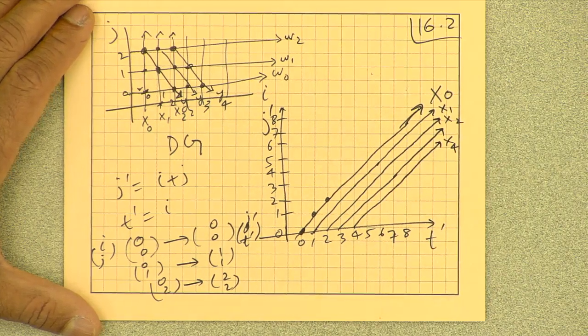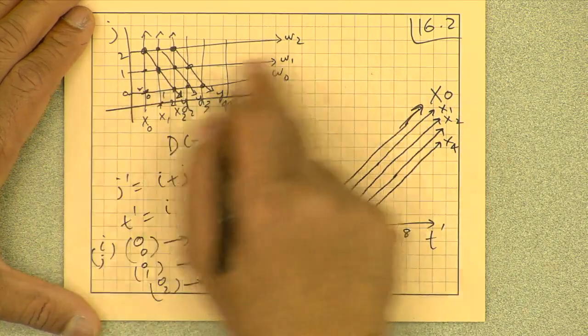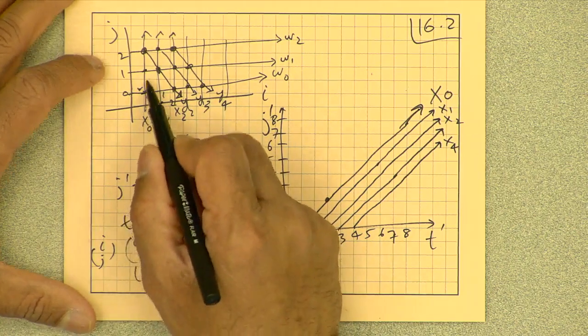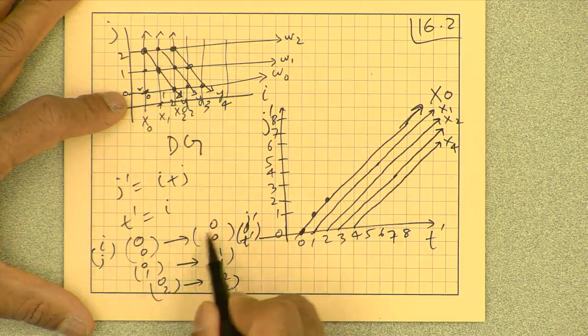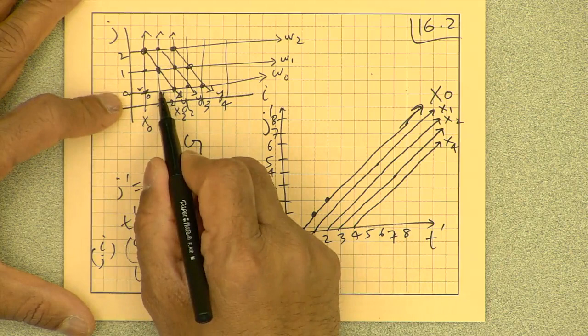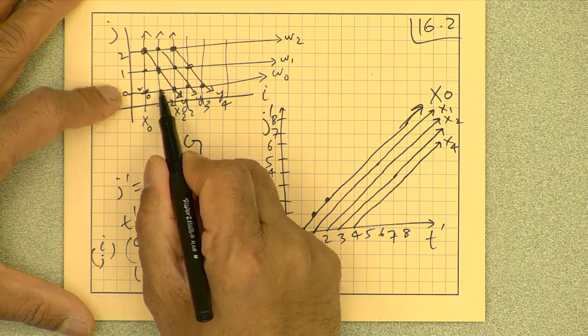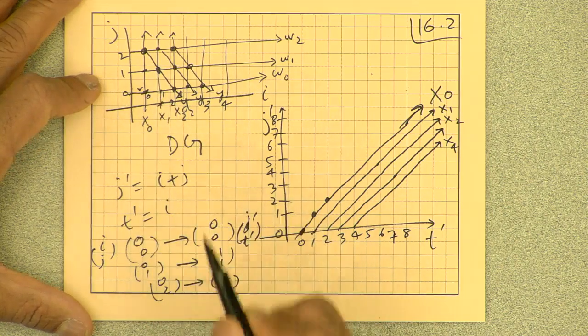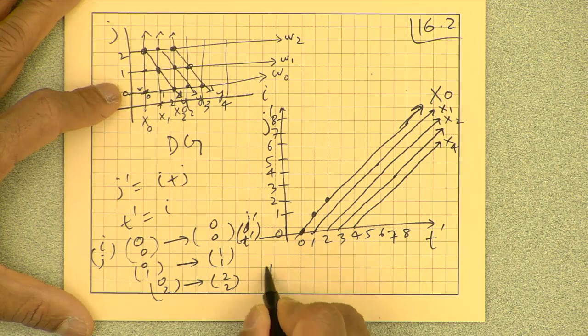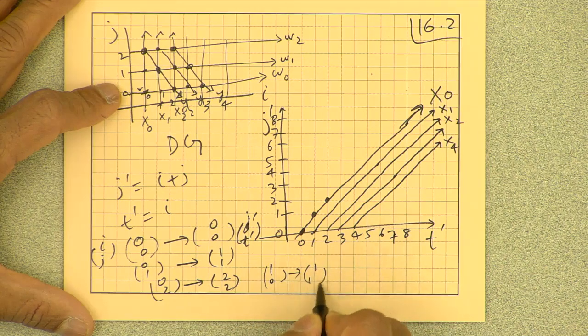Okay, so what about the weights W? These are going horizontally in this direction to the right. Again, if we take a couple of points, say 0, 0, that's here. The next point on W is 1, 0, and 1, 0 maps to i plus j, which is 1, 1.